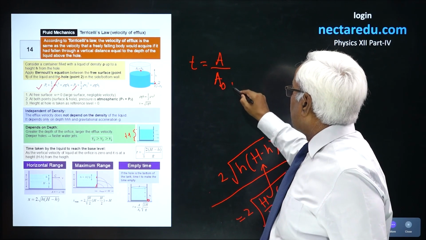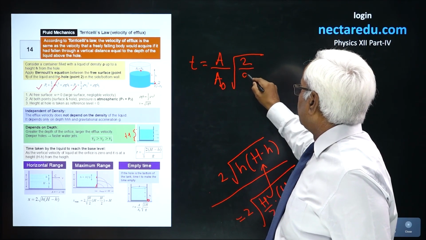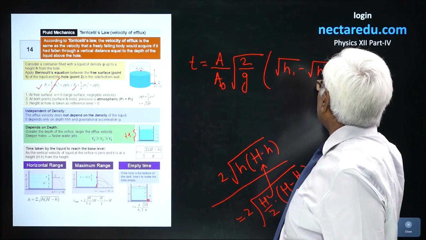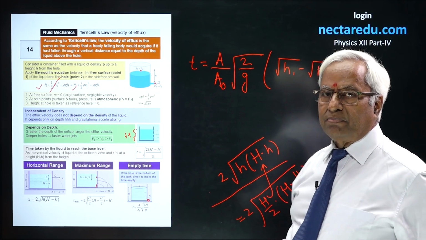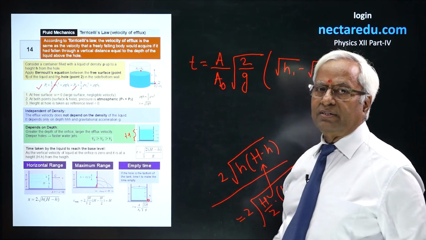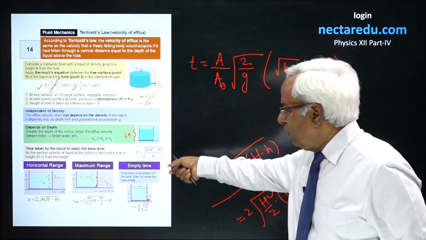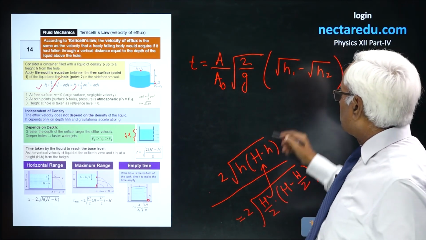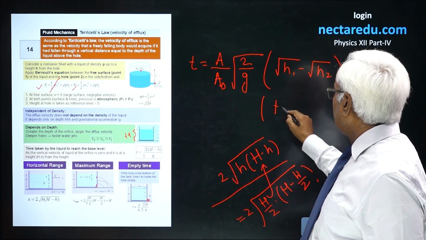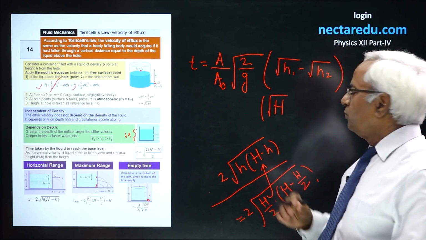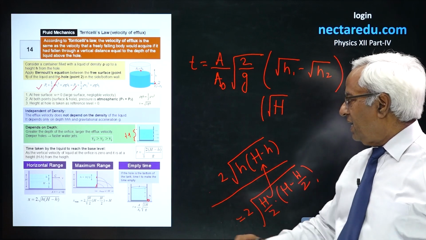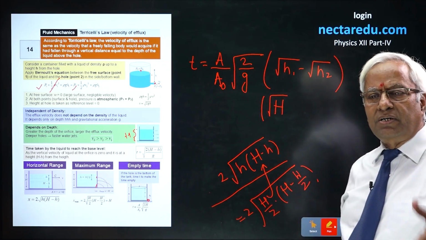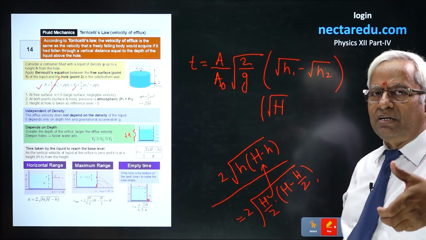time taken in completely emptying the cylinder that is given by this relation. It's not given on the text page, but this is the actual formula when the column reduces from H1 to H2. Suppose the initial height is H, this becomes root H. Initially the height was H, as it is shown over here, and you are interested in finally emptying the cylinder.